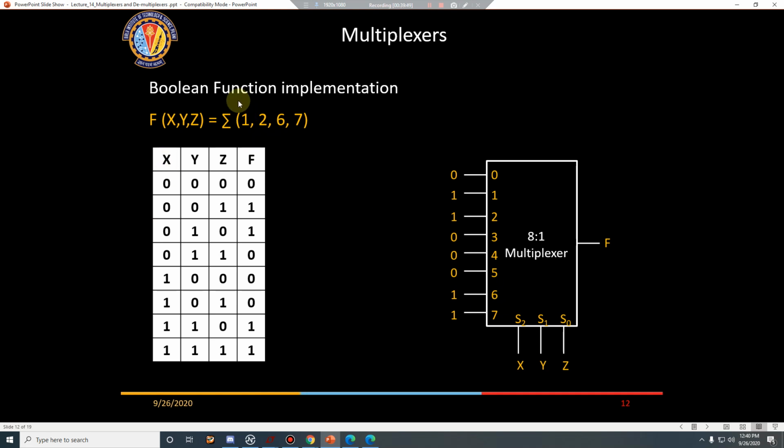You have to write the expression for this, and put x equal to 1, y equal to 1, z equal to 0. If you write the algebraic expression and put these values 1 1 0, you will get f equal to 1. So you can put f equal to 1 here.